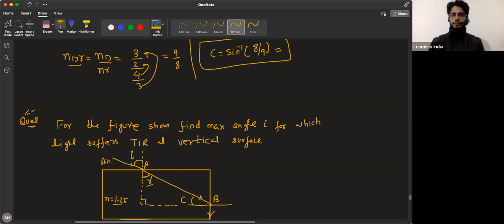Try to submit it before Thursday. Note it down. Is it clear?